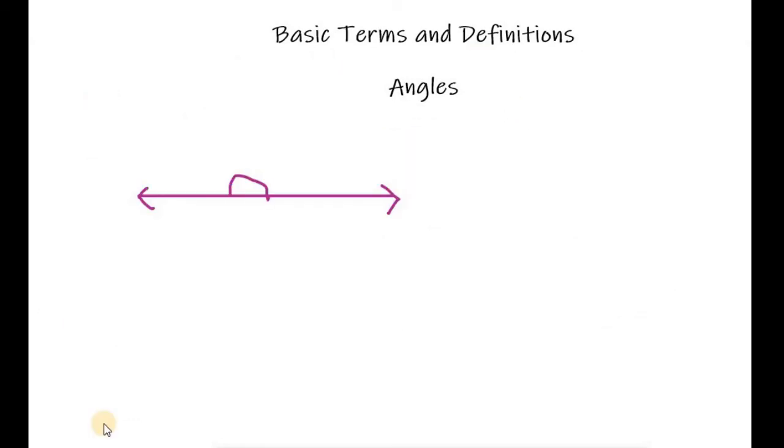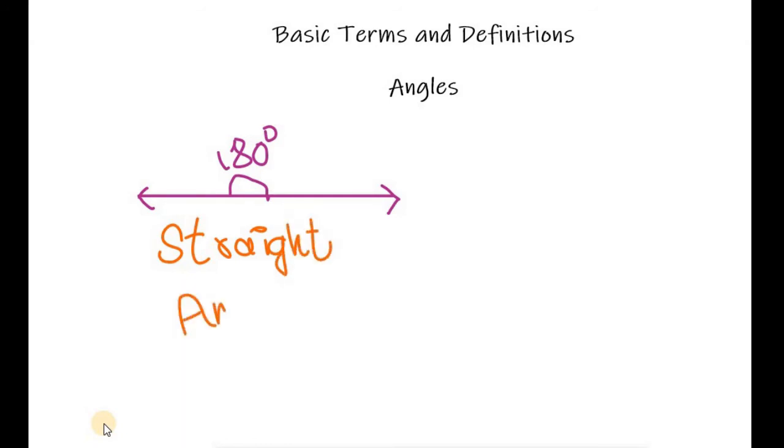Now let's look at the next set of angles, and this is a straight line. Which angle does it form? It forms 180 degrees. Such angles are known as straight angles, because the line is straight, we get 180 degrees.